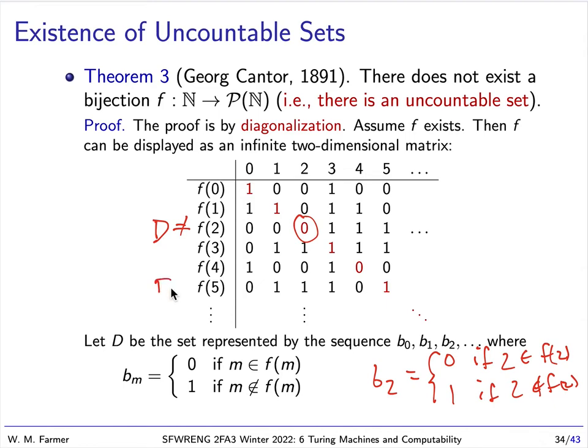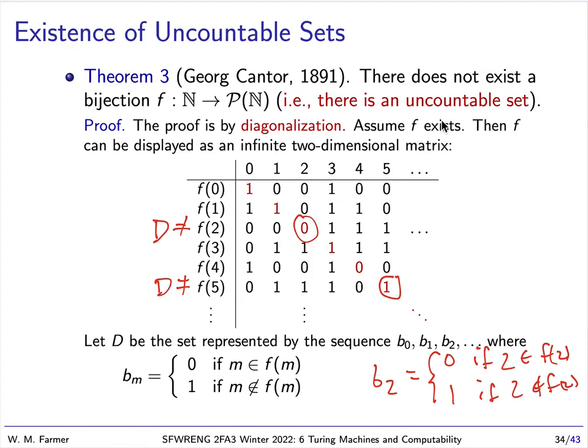And could D be this? No, it can't be this because it's going to differ here. It's going to differ on the diagonal of all these sets. D cannot possibly be any member of this sequence. So every member of the power set of N must be, by assumption, a member of this sequence, and now we've constructed one that's not.